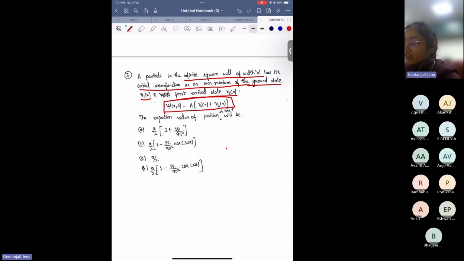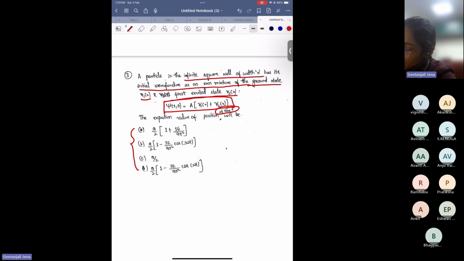Now it is asking about the expectation value of the position at time t. What is the expectation value of the position? Now just look at the answer first. What is the answer given?